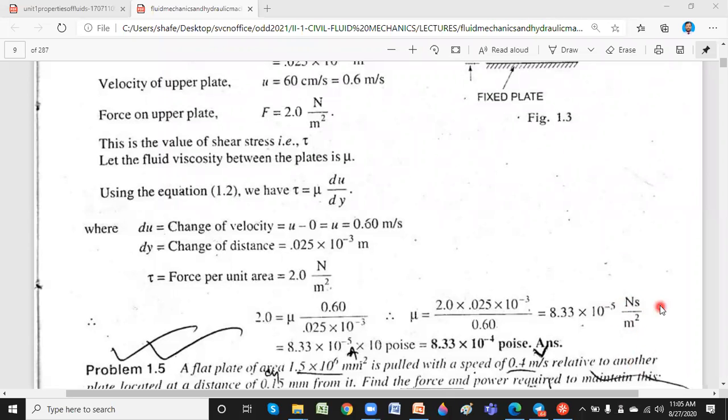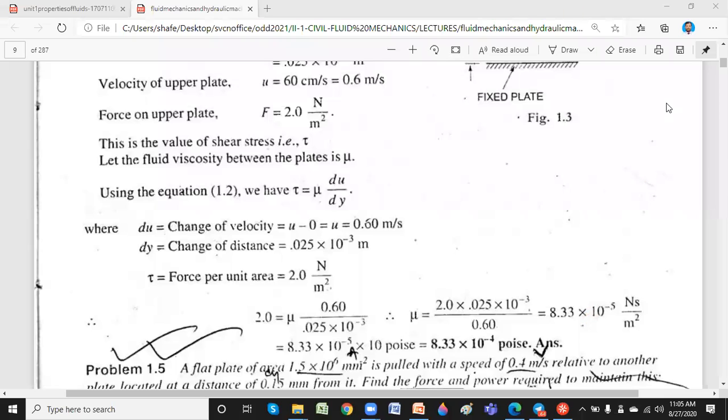This is the final unit I get because you kept everything in SI units like meters per second, meters, etc. Now suppose he's asking for the value in poise, how to convert? I know that 1 newton second per meter square equals 10 poise. So the final value for viscosity is 8.33 into 10 power minus 4 poise.